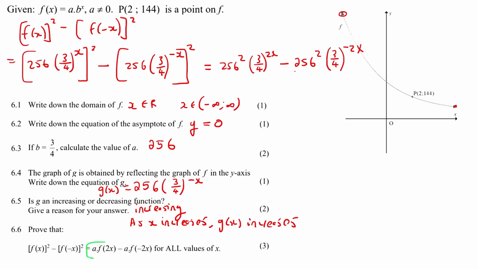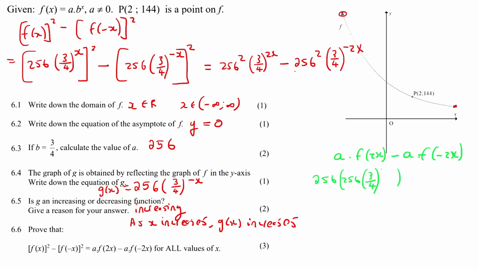So let's now go and work on this side. So that's now a times f of 2x minus a times f of minus 2x. Okay, so a is 256, and then f, so we're going to take the graph of f now, which is also 256 times 3 over 4.